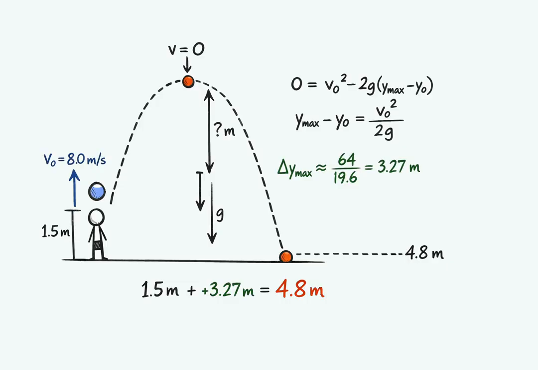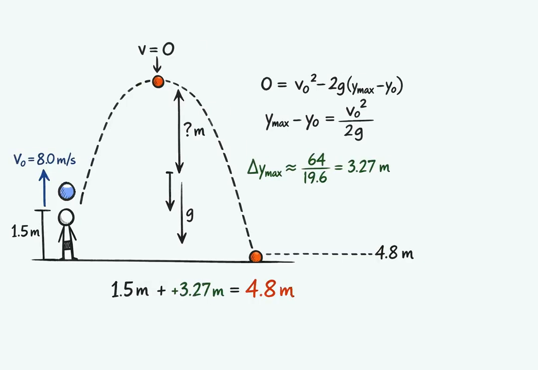So from 1.5 meters, the top is around 4.8 meters above the floor. That number is simply the consequence of gravity steadily subtracting from the upward velocity until it reaches 0.